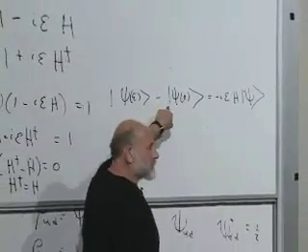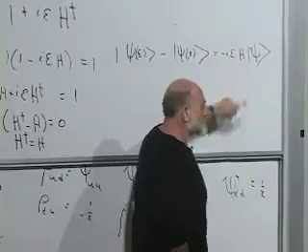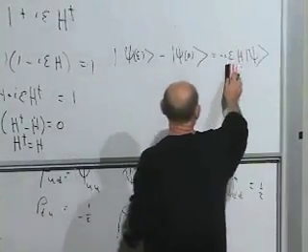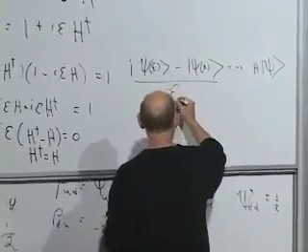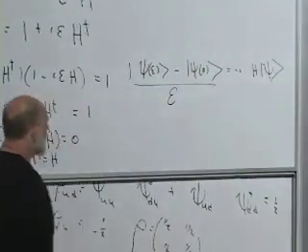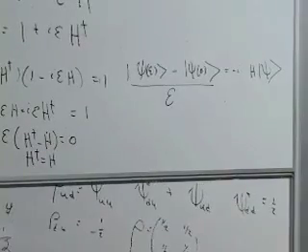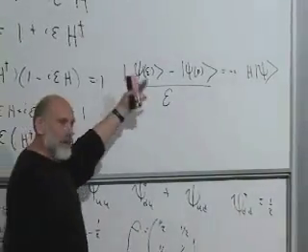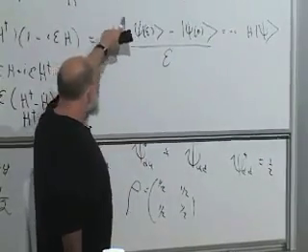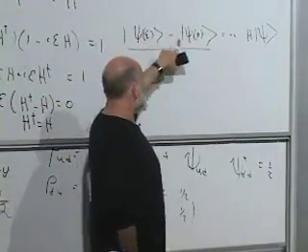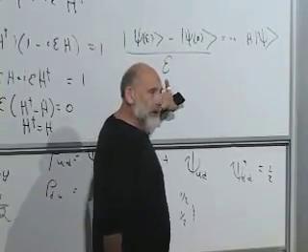This is a difference, but let me divide both sides of the equation by epsilon. Well, this looks like the derivative of psi. Now take the limit that epsilon is very small. This is the difference of something at epsilon and at 0 divided by epsilon.